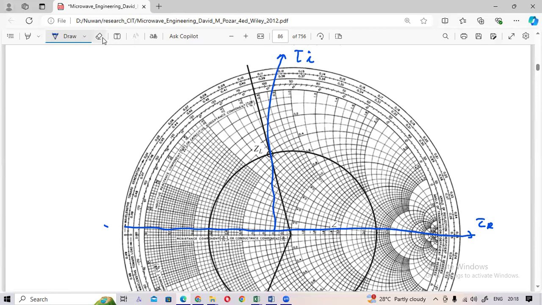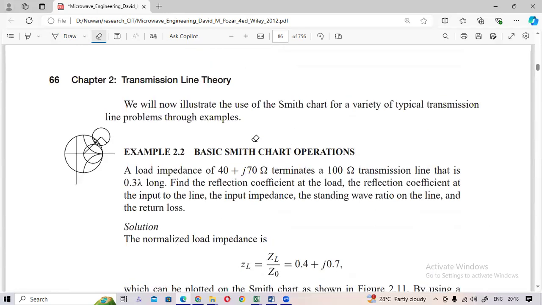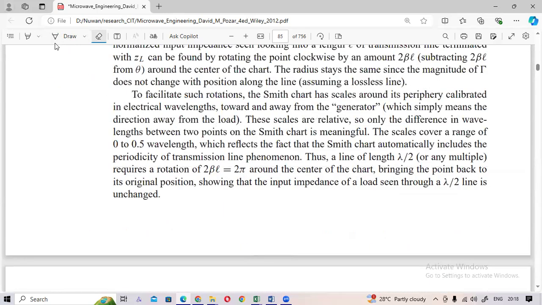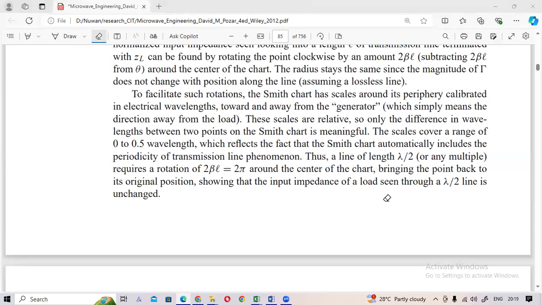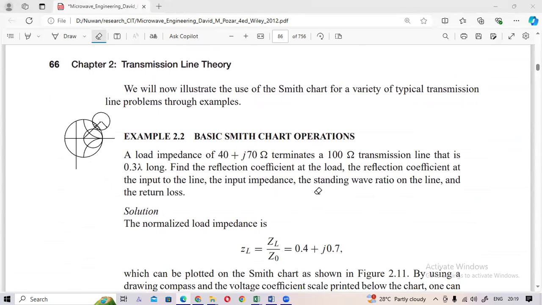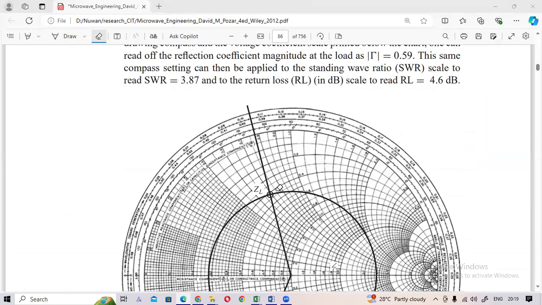We have learned that, so you need not remember those derivations or equations. Yes, the y-axis is the imaginary reflection coefficient, and the x-axis is the real reflection coefficient.